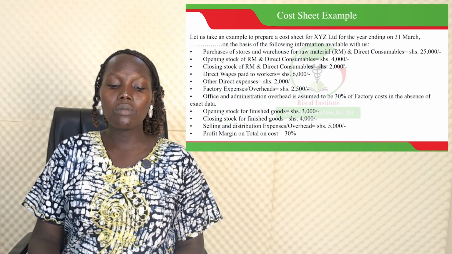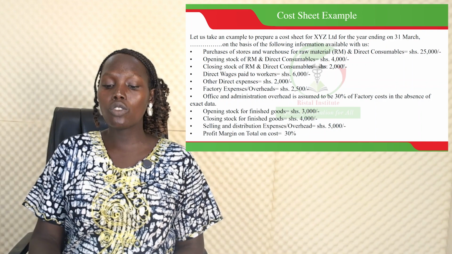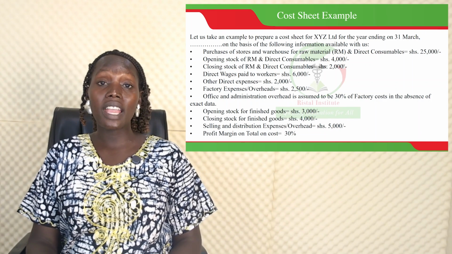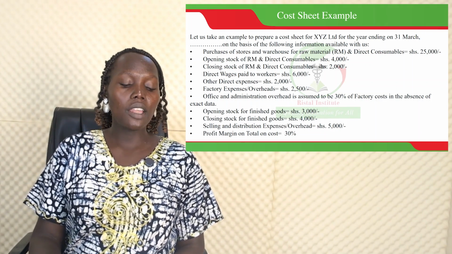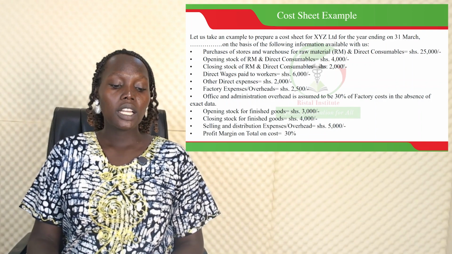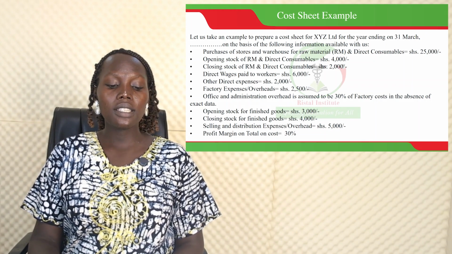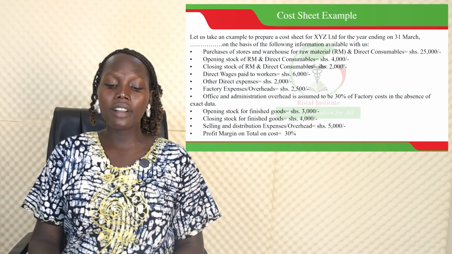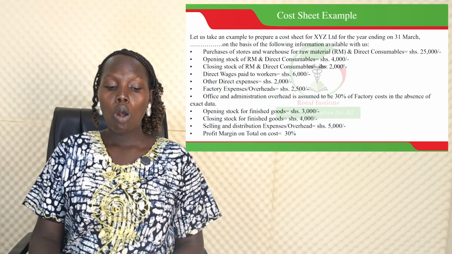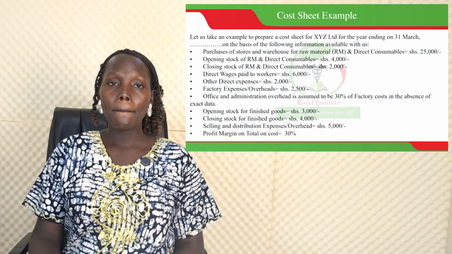And office and administration overhead is assumed to be 30% of factory cost in absence of extra data. Also we have opening stock of finished goods, which was 3,000, closing stock of finished goods, which was 4,000, selling and distribution overheads of 5,000, and profit margin on total cost is 30%.